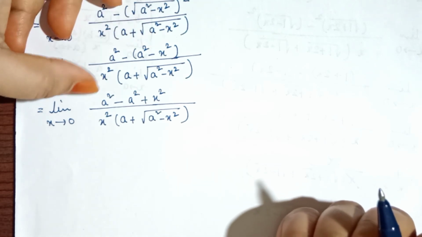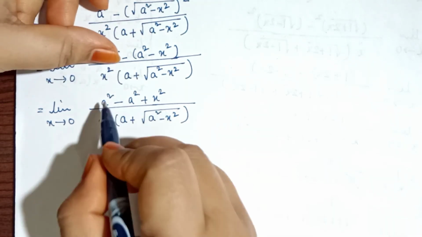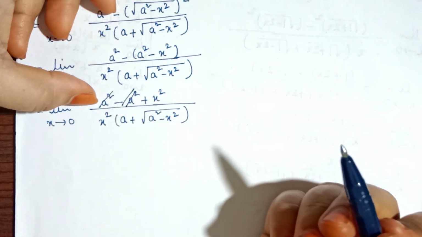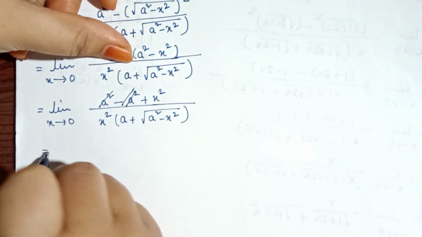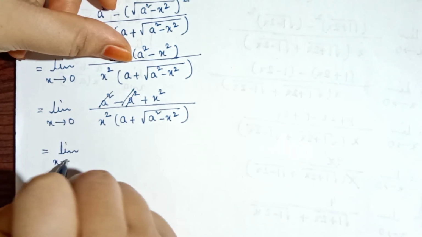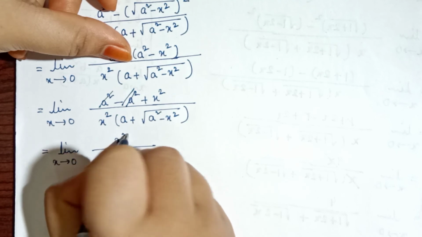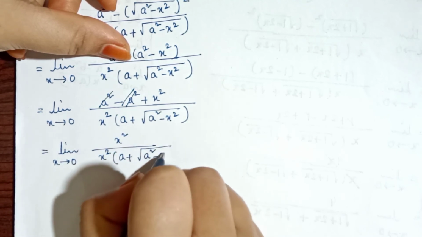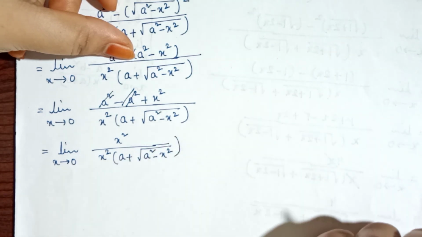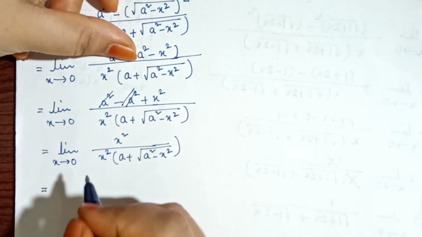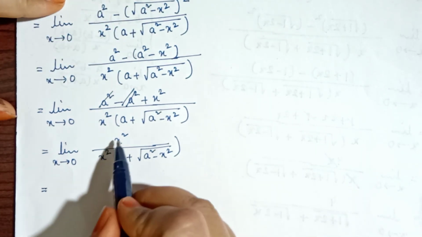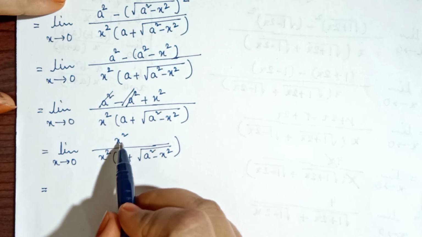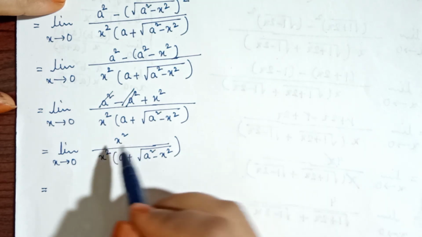Now you can see that this is a square minus a square, that means we can cancel the values. Now the remaining values are x square divided by x square into a plus root over a square minus x square. And now you can see that there is an x square term in both numerator and denominator.